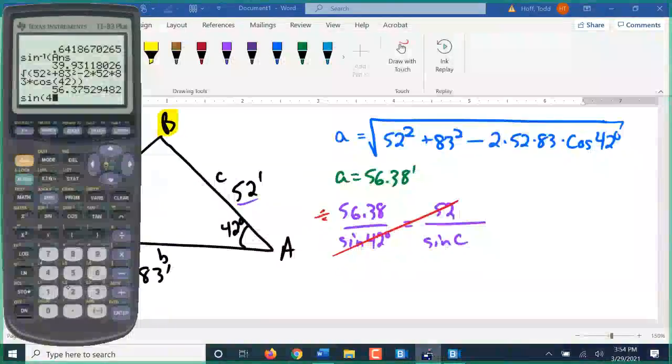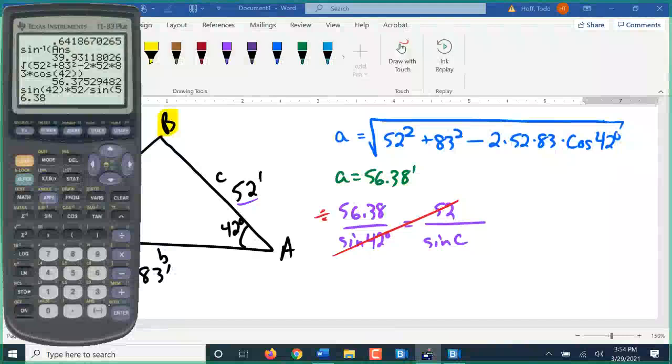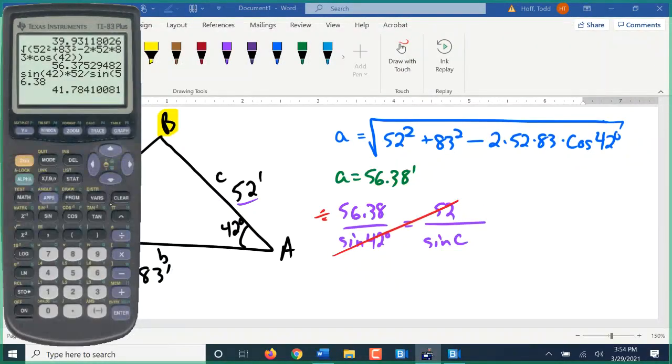Sine of 42, close parentheses, times 52, divided by 56.38. Give me 41.78. Now what did I do wrong? Oh, I put in the sine. Sine of 42 times 52 divided by 56.38. No sine.